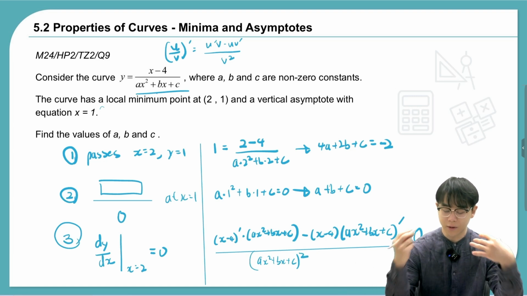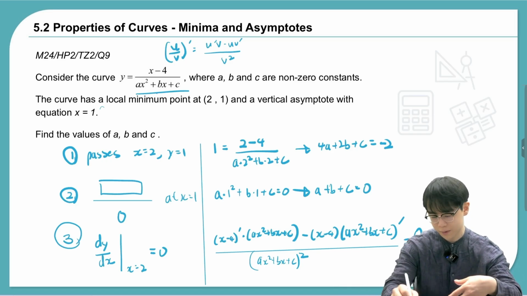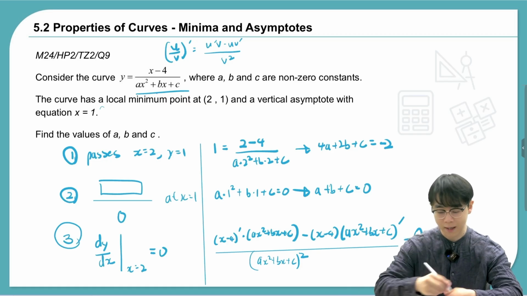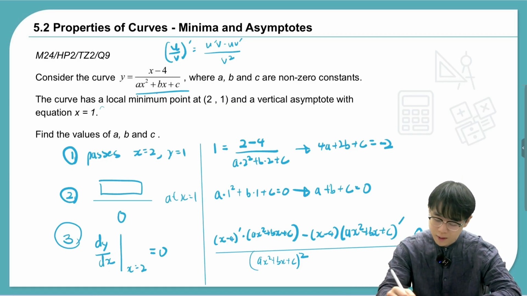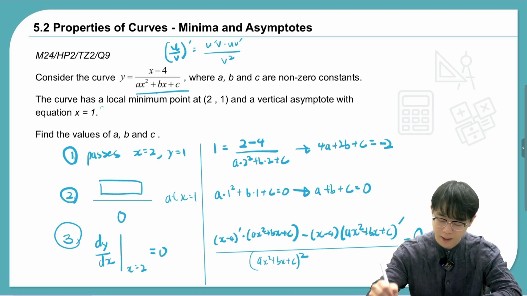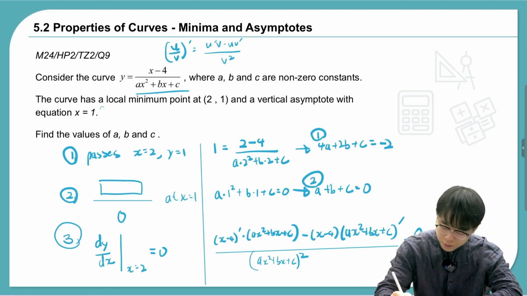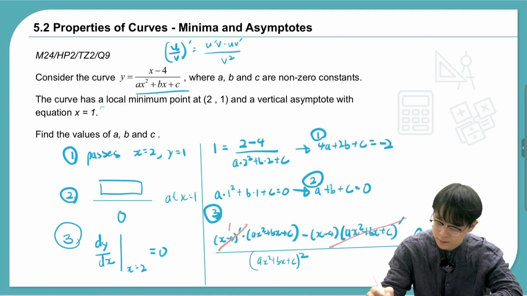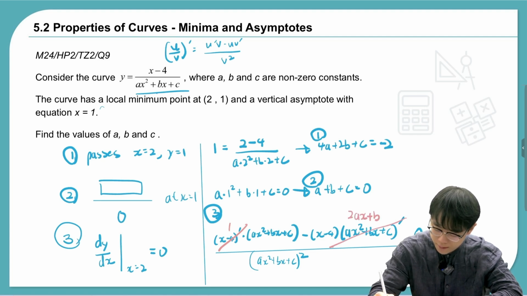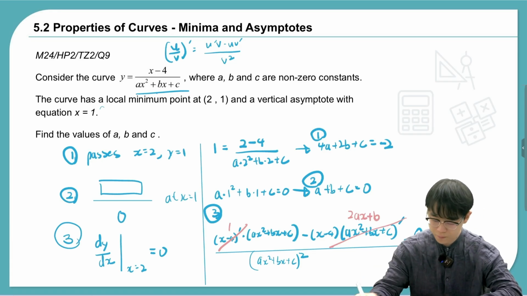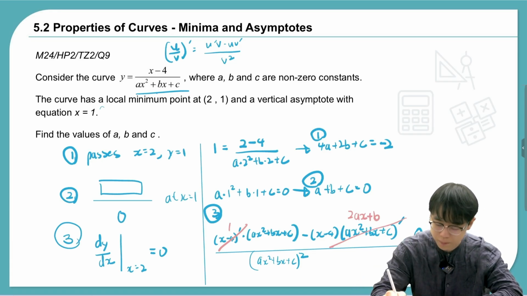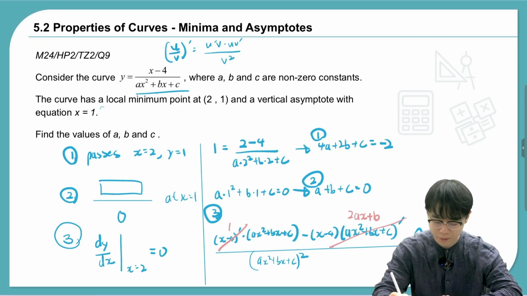Okay. So the denominator is not going to be 0 because we have non-zero constants of a, b, and c, and x equals 2 here. So we just need to set the numerator equal to 0, right? So this is our first equation, this is our second equation. The third equation we have is going to be, this is just going to be 1, and this is just going to be 2ax plus b. So if we were to substitute that in, we get ax squared plus bx plus c, but since x equals 2, we would get 4a plus 2b plus c.